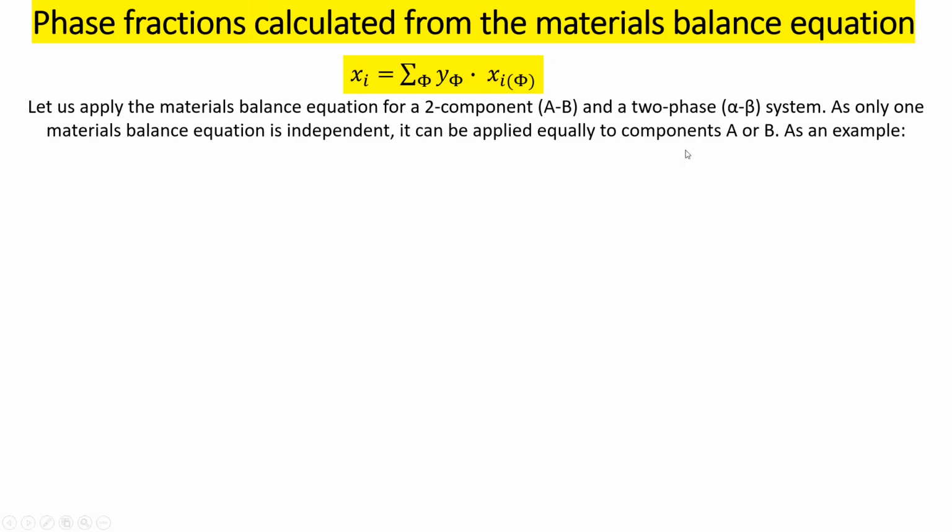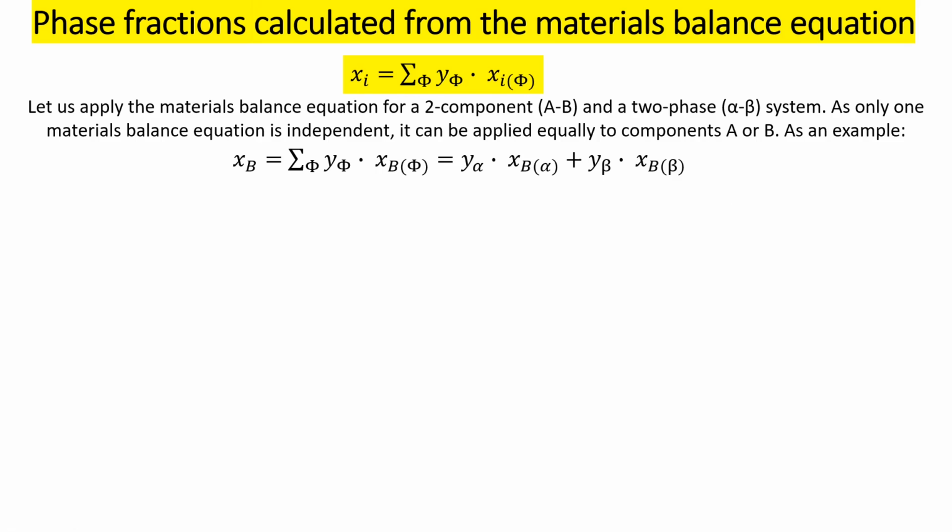So I should select one of those components. It doesn't matter which one I select, so let me select B as an example. So therefore I rewrite this equation by replacing I by B. So I get xb equals sum over phi of y phi times xb phi. So this is the same equation as the general equation, but using B. And then let me remind you that we have two phases, alpha and beta, and that is why the summation relates to two different phases.